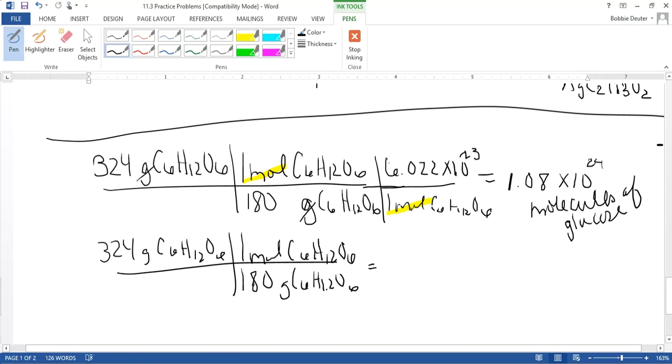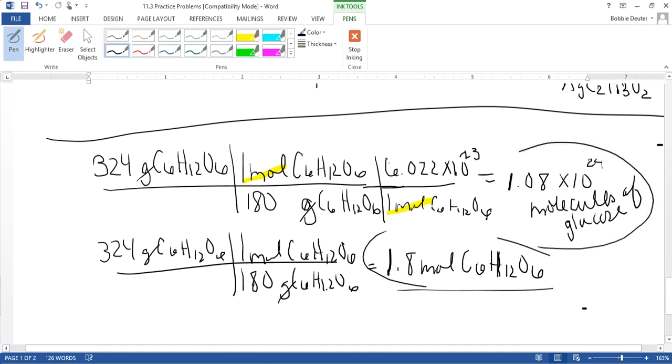We don't have to do any further steps because now we are in moles already. Our label's canceled out. And so in this case, we are going to multiply the top, divide it by the bottom, and you get 1.8 moles of glucose. Okay, so those are your answers for this. Let's do one more and then we'll put the rest as extra problems.